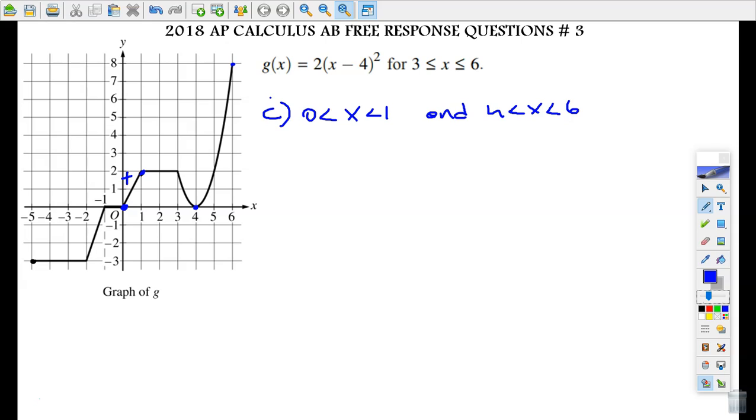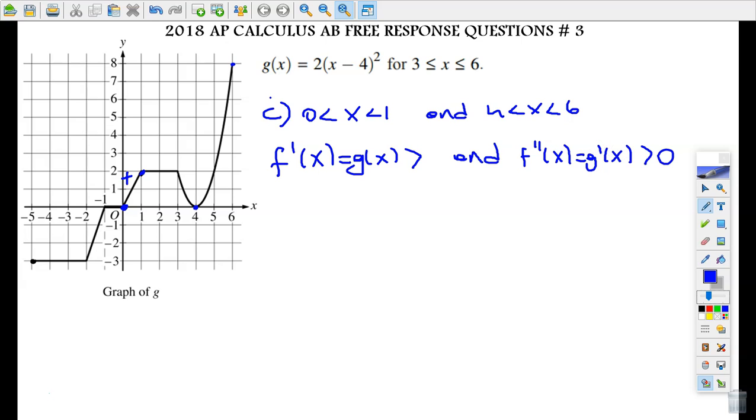It's increasing and concave up on these two intervals because f prime x, which is equal to g of x, is positive, and also f double prime x, which is equal to g prime x, is also positive on these two intervals. A point of inflection is directly related to the second derivative, so I need to take a look at the second derivative.